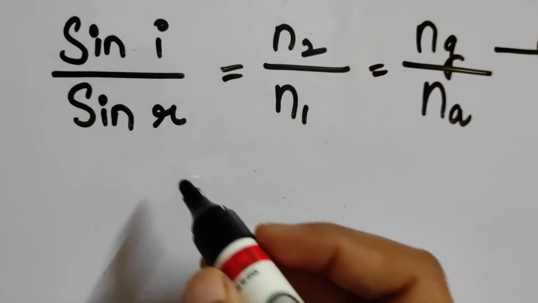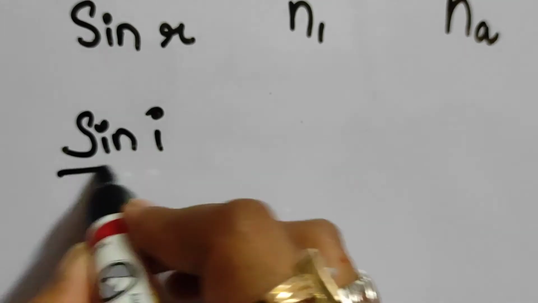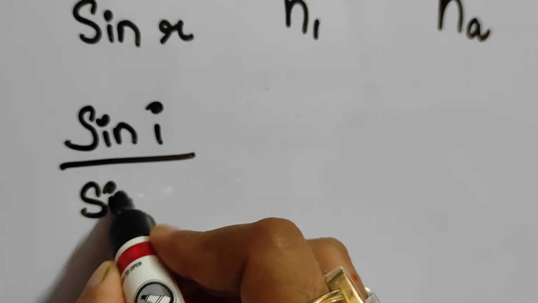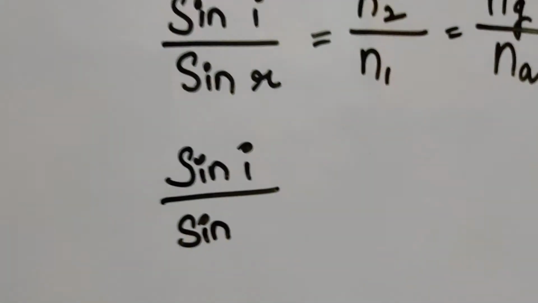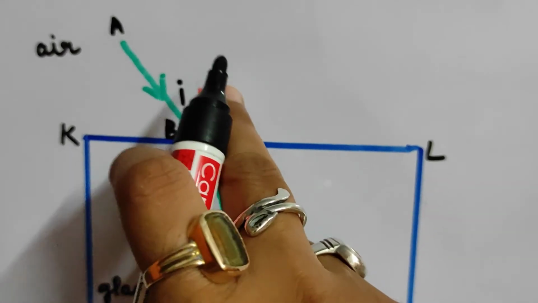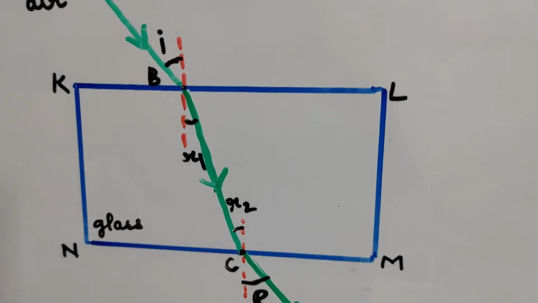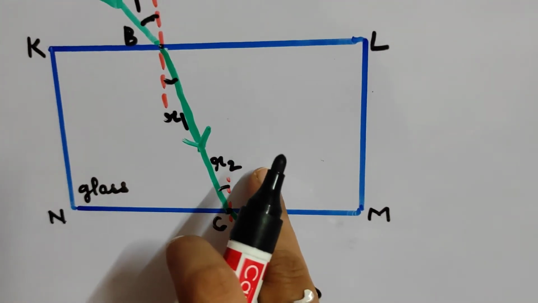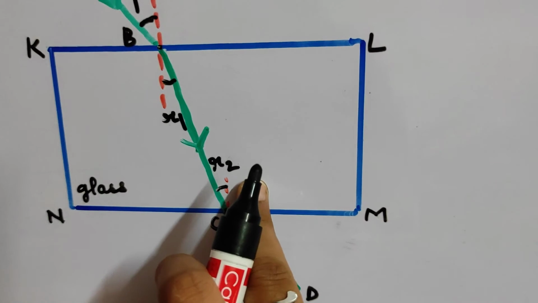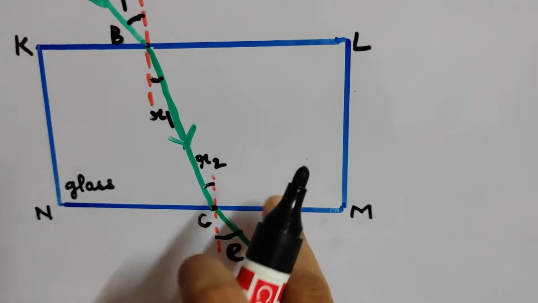So by Snell's law we can write sine i upon sine r. Now it will not be r. In the first case, it was i, the angle of incidence, and the angle of refraction was r1. Now, in the second case, this angle is r2 because it is equal to r1, so we are referring to it as r2.